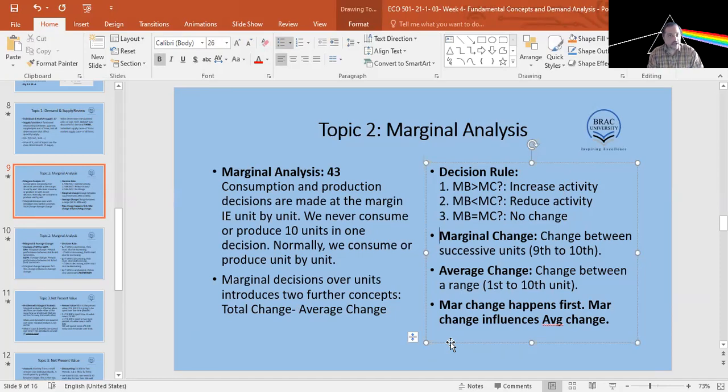Average change is the total change that happens from 0 to the 10th unit. Now, one thing we have to remember is that in any change, the marginal change happens first, and this marginal change influences what will happen to the average change.